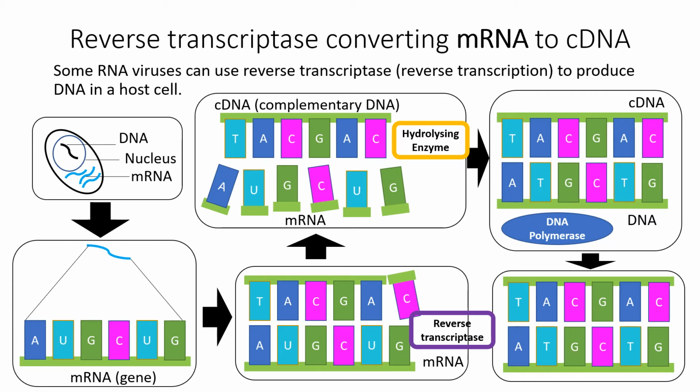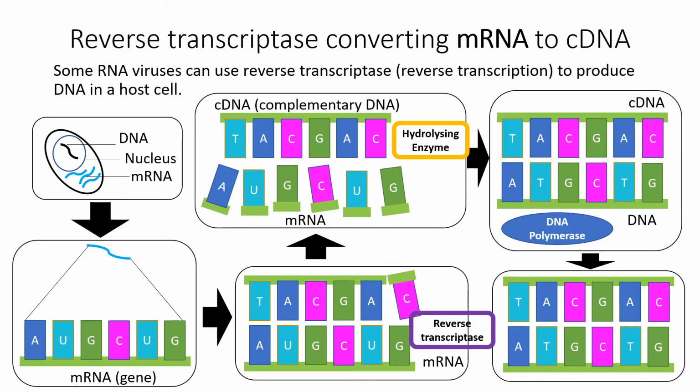Once we have the complementary DNA strand, shortened to cDNA, we then need to turn it into a double-stranded DNA molecule. So we first have to break up the messenger RNA that we used as our template originally, and we do that using what's called a hydrolyzing enzyme. Once the hydrolyzing enzyme has removed the messenger RNA, we're left with a cDNA strand.